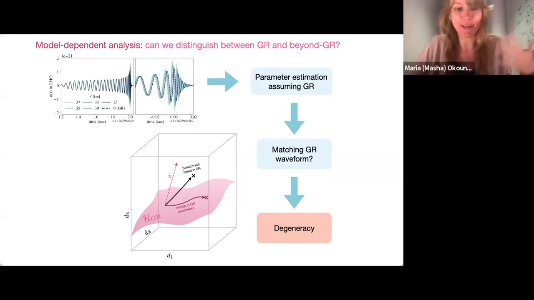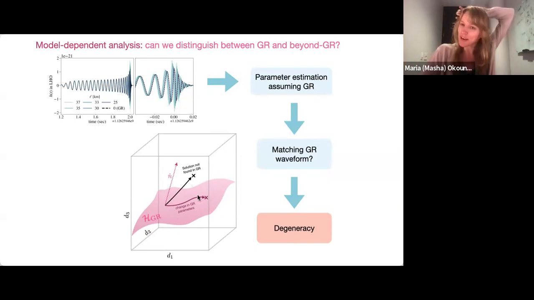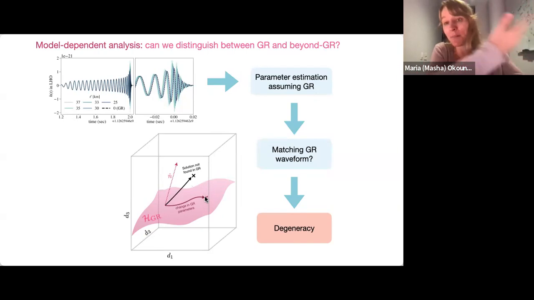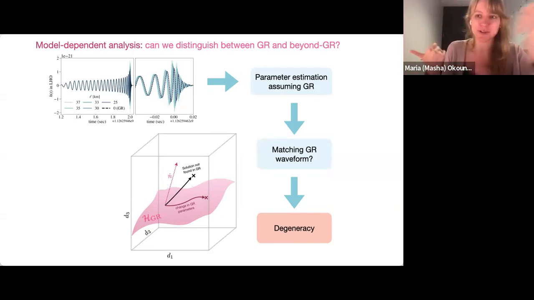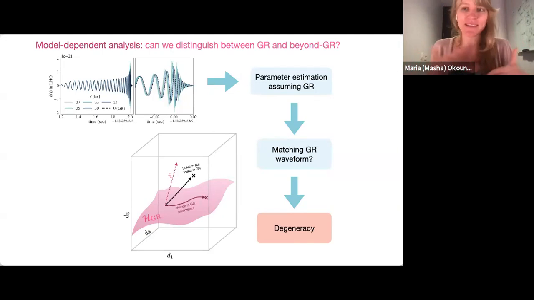If my true signal were really some dynamical Chern-Simons or Einstein-dilaton-Gauss-Bonnet gravity signal here, my GR parameter estimation waveforms would just pick it up, okay, here we are in GR parameter space. I'm going to get a bias in the recovered astrophysical parameters of the system. The inferred spins and masses aren't going to be correct because I haven't included beyond GR effects. But you would obtain, let's say, comparable likelihoods in this case.